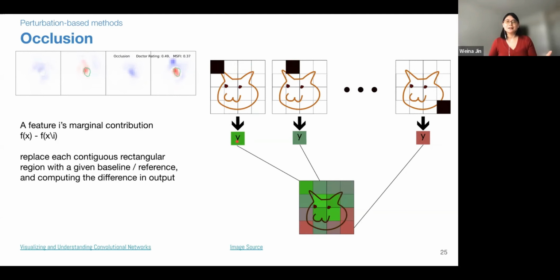If an input is very important for the prediction, then the performance will change dramatically. In this way, we can identify the important features for the prediction. We do this sliding window approach and aggregate all the changes of the y, and we use this value as an explanation. So this is equivalent to getting a feature's marginal contribution.